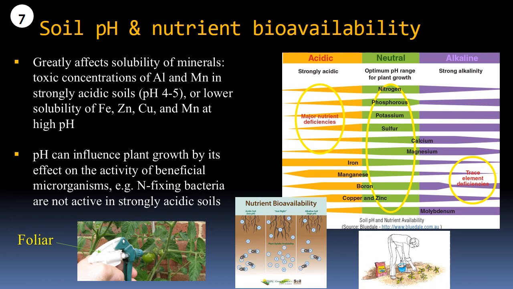The pH is not only controlling nutrient bioavailability, but it's also very important to make the condition favorable for bacteria and for other soil animals. And remember, those soil animals and bacteria play very important roles, for example, to fix nitrogen from the atmosphere to the soil and make it naturally available to the plant.